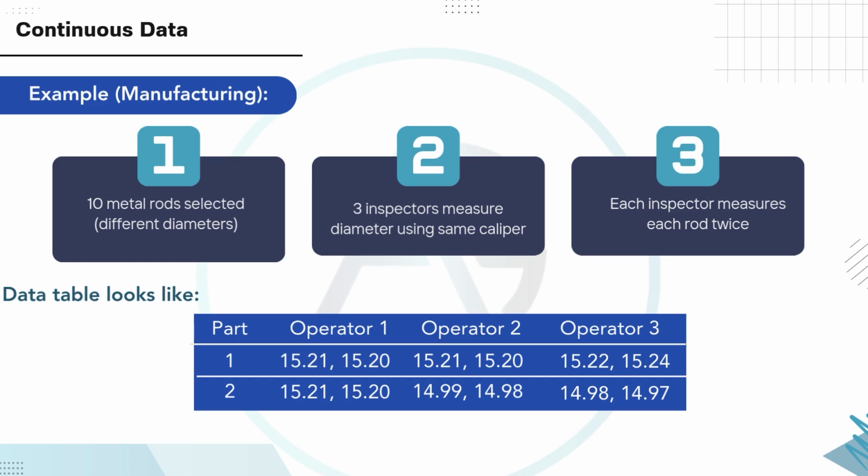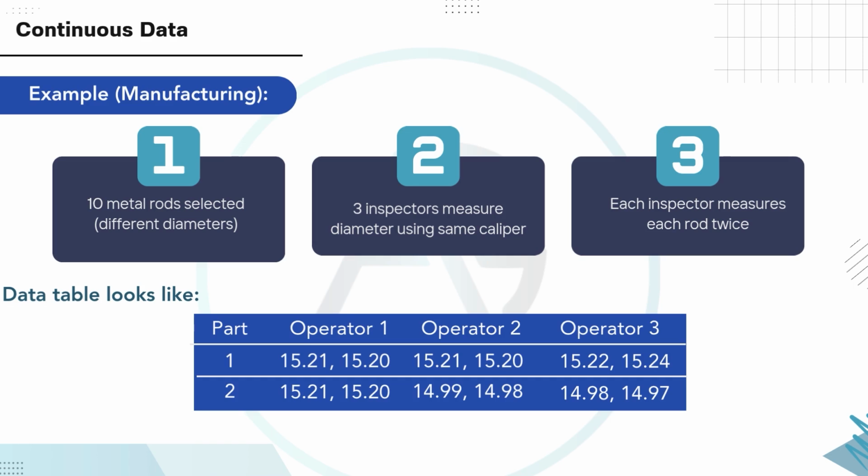Each part is measured twice by all 3 operators, and the results are recorded in a table format. For example, for Part 1, Operator 1 recorded 15.21 and 15.20, Operator 2 got 15.21 and 15.20, and Operator 3 recorded 15.22 and 15.24.